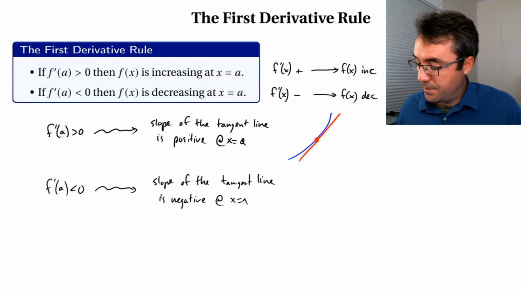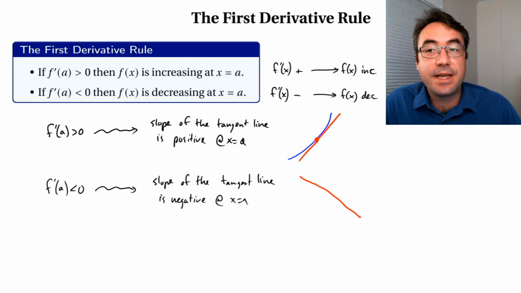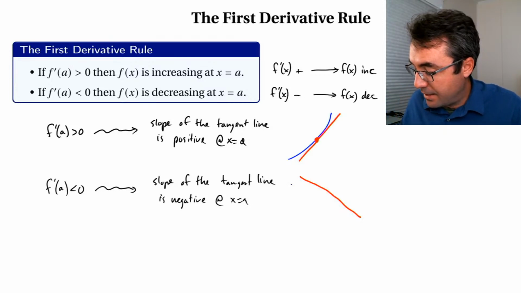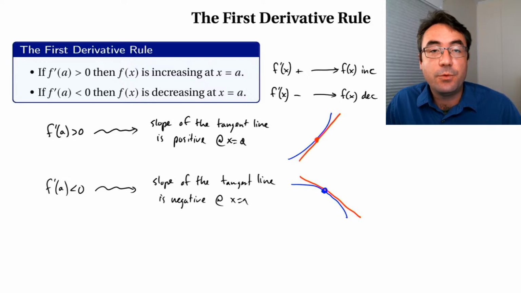And so if we draw in a tangent line that has negative slope, it's moving downward, and that must mean then our graph must have a similar shape as well. Must be moving downward as well. So it's decreasing.